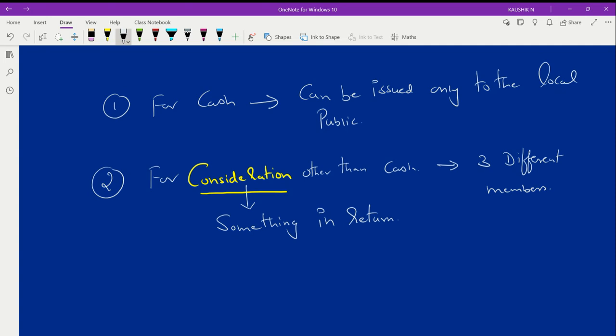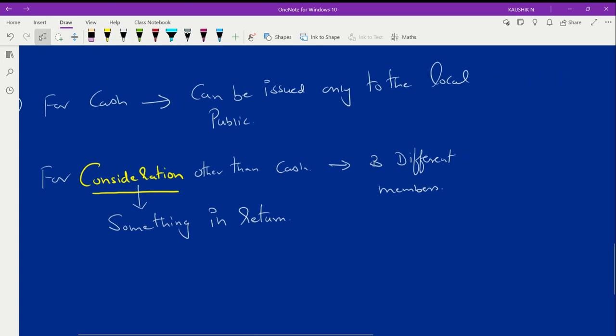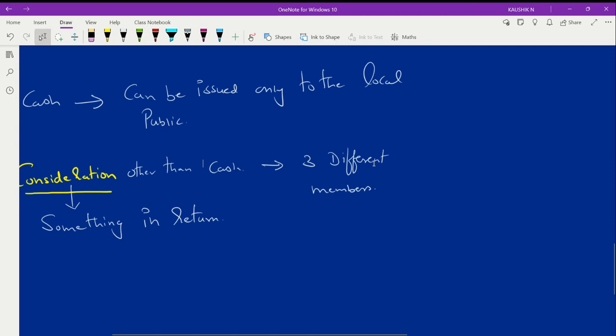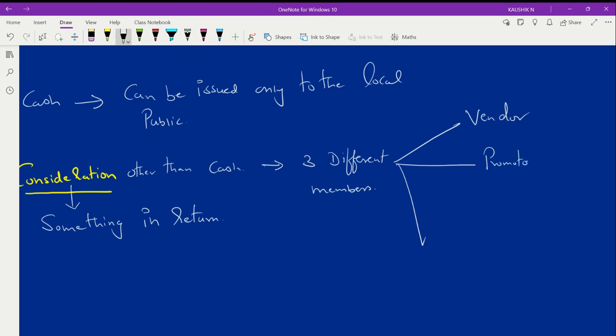Now, in this concept, you have got three members, as I said. Let's see who are those three members to whom you can issue these shares on a consideration basis. The first person is your vendor. The second person to whom you can issue is promoters.